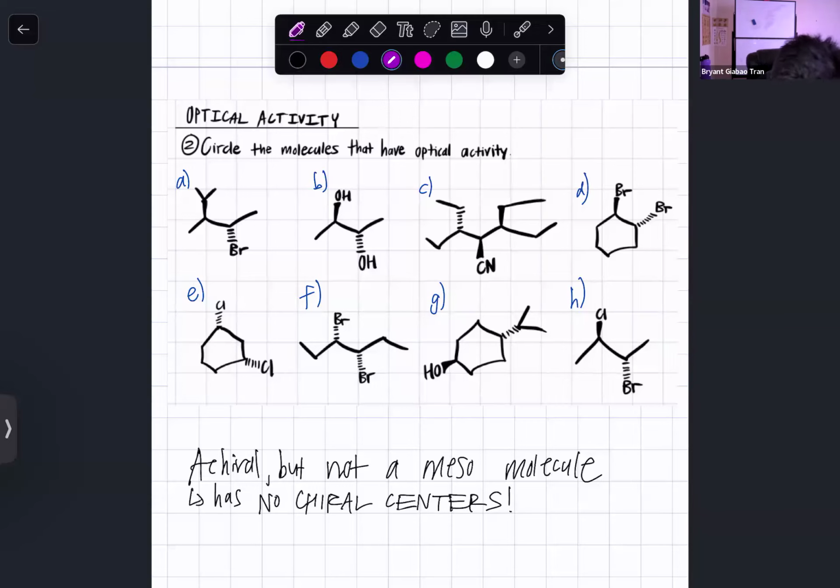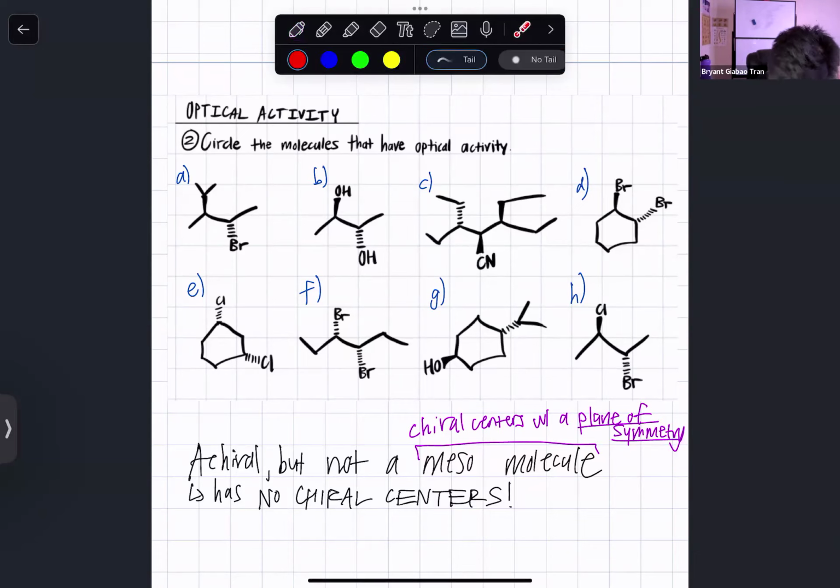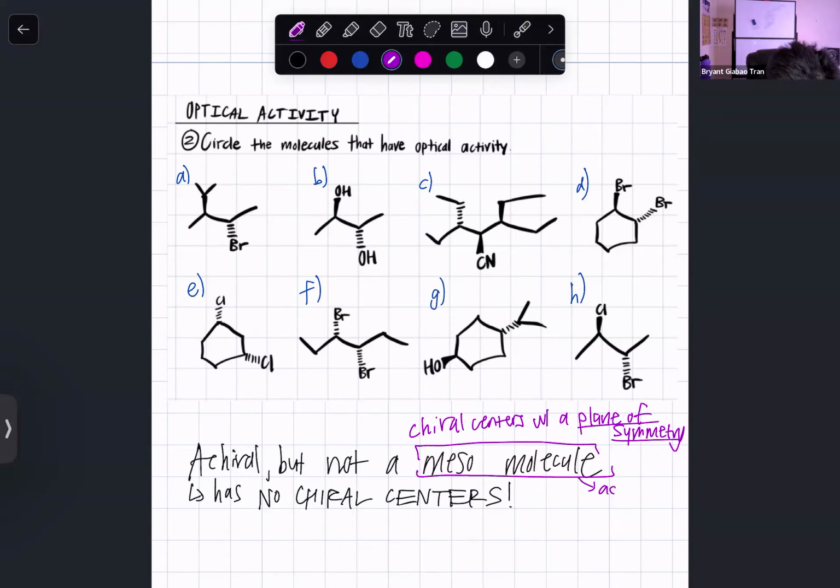Meso molecules have chiral centers, most likely 2, with a plane of symmetry. That's the most important feature of meso molecules, that plane of symmetry, which makes it achiral, because meso molecules are achiral.